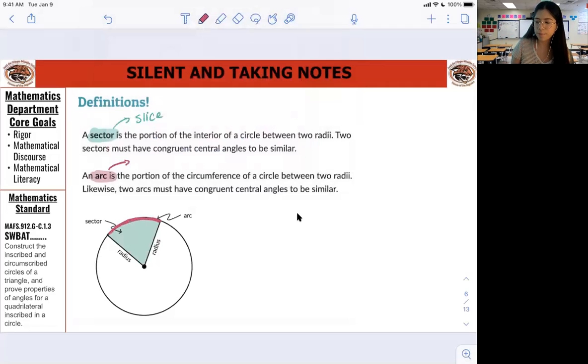What part of the slice of pizza is the arc? In between the 2 radii. Yeah, but on a pizza. What's this portion of the pizza, the one that I highlighted in pink? How about the crust? Oh my God. I swear, I get some of the easiest stuff wrong.